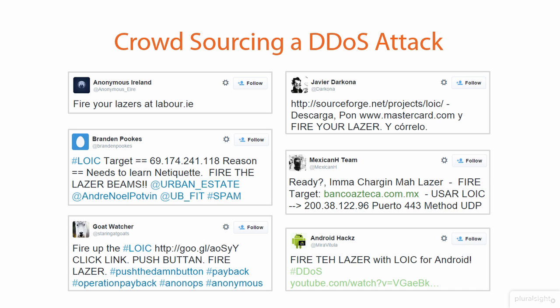But certainly if messages like this can coerce enough people, possibly thousands of people, to simultaneously bombard a website with malicious traffic, then it could indeed take it offline. We've seen attacks like this be successful against the likes of PayPal in the past, so certainly they do have a track record of causing outages.